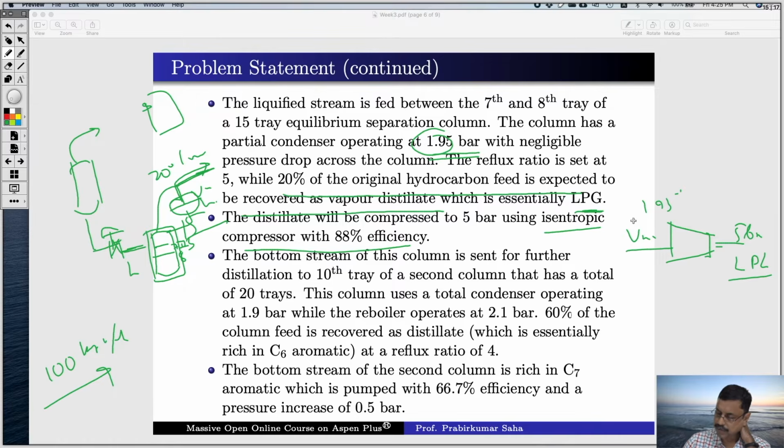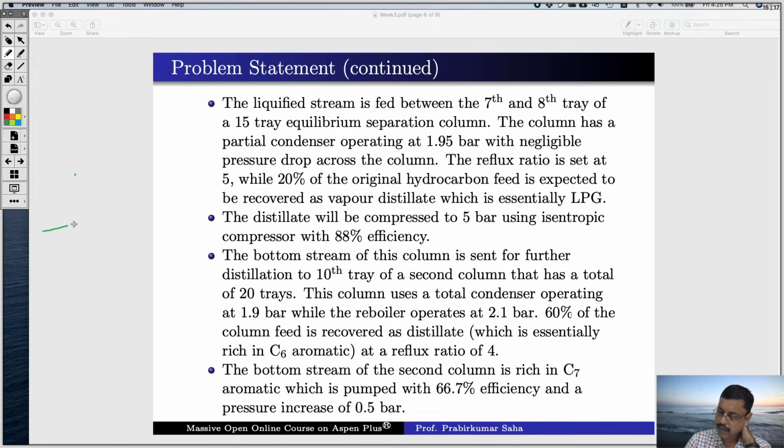Now the bottom stream of this column is sent for further distillation. So the bottom stream will essentially have C6 and C7, mostly benzene and toluene. So all the heavier components will come at the bottom. So this bottom stream will be sent for further distillation. So this is the bottom stream, and there will be a further distillation column.